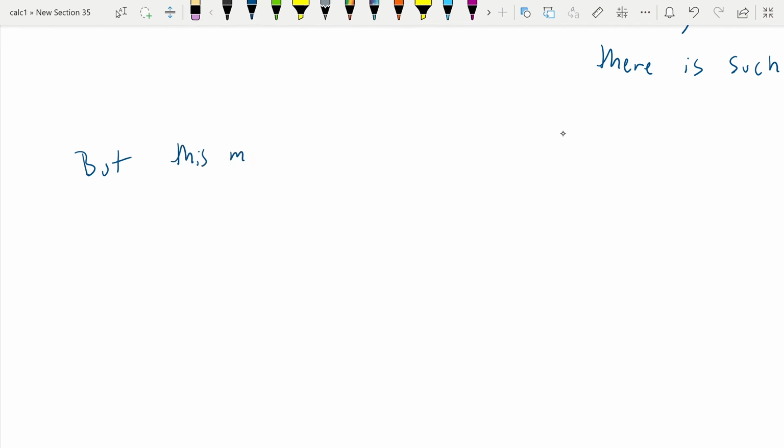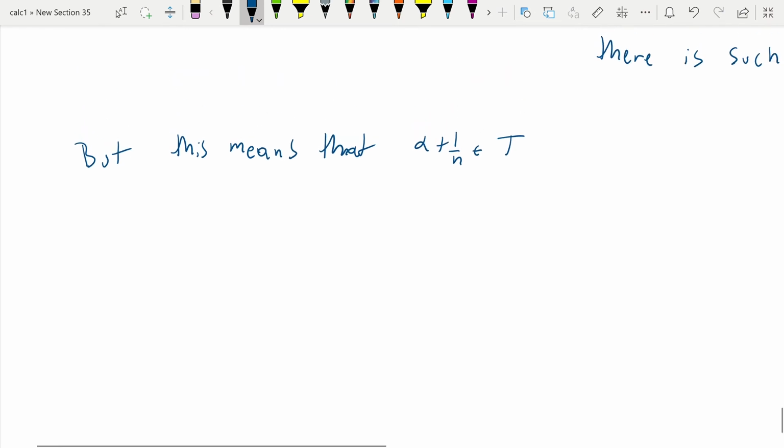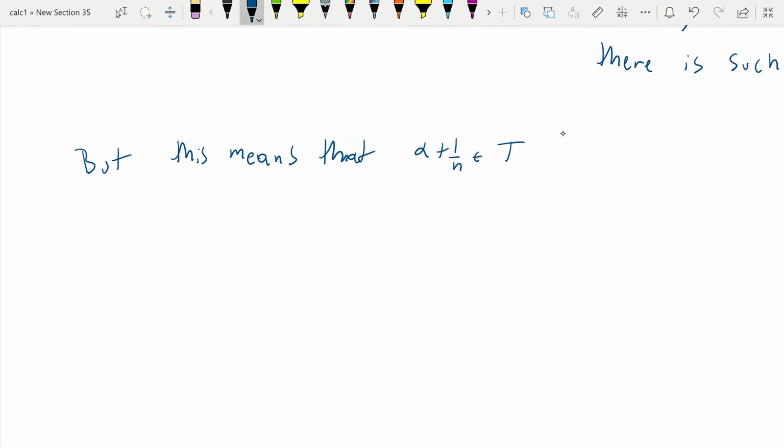But this means that alpha plus 1 over n belongs to the set T. This is the set of all real numbers whose squares are less than 2. And so alpha plus 1 over n certainly satisfies that. Alpha plus 1 over n squared is less than 2. At the same time, it is greater than alpha.